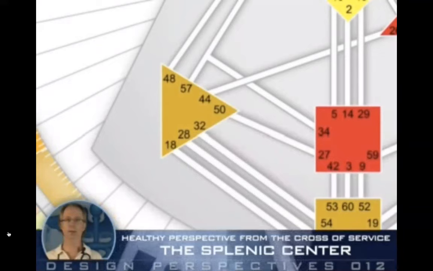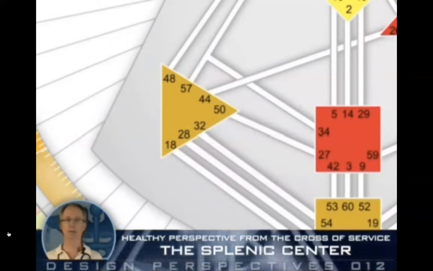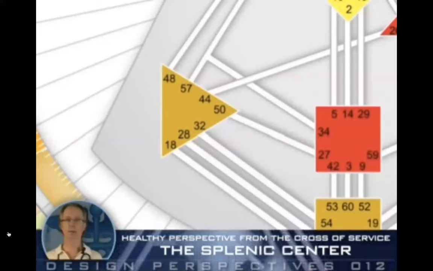Most of the functions within the splenic center aren't even about the immune system. When I started to work with design in 1992, we didn't know so much about the details we know today. So I was trained basically first to take a look at the centers. And in my practice, working as a therapist, I was confronted with people with what we would call an open spleen, just with an undefined splenic center, it would be correct.